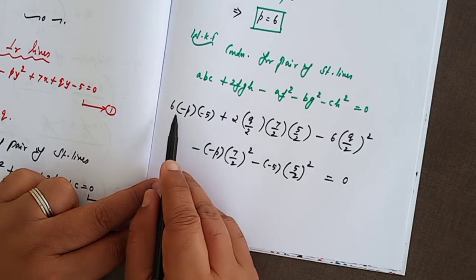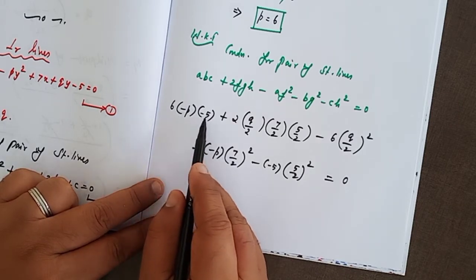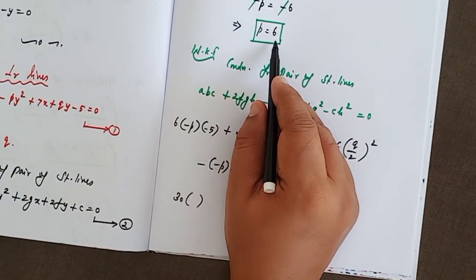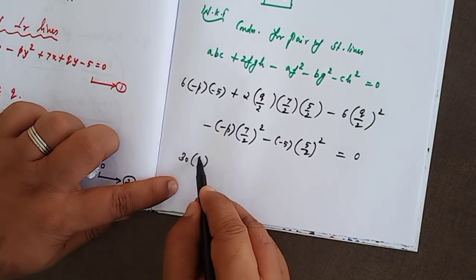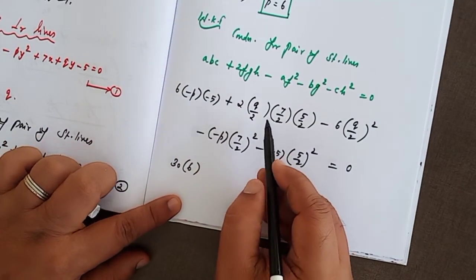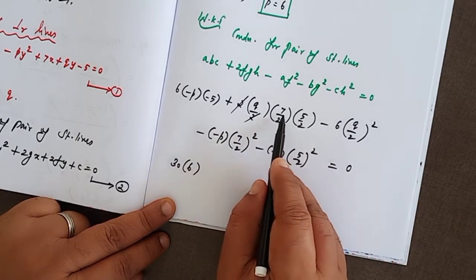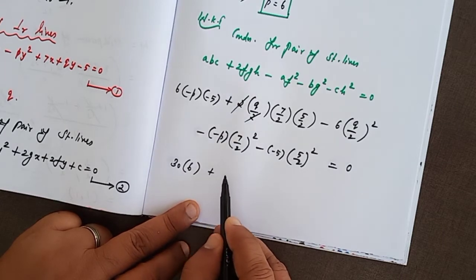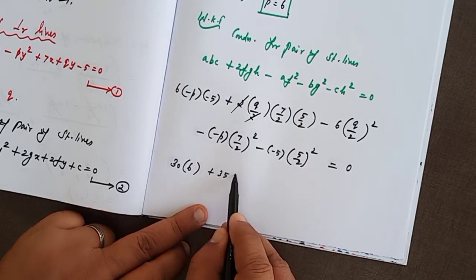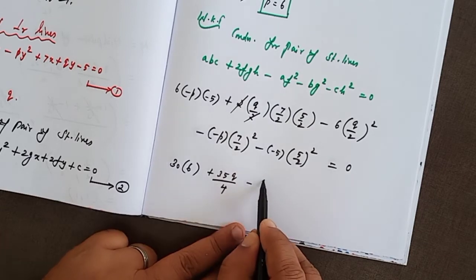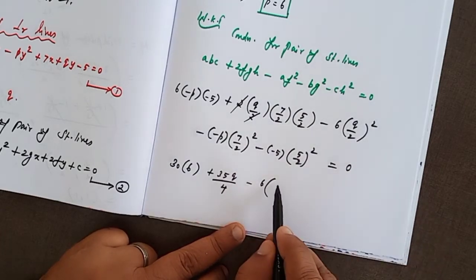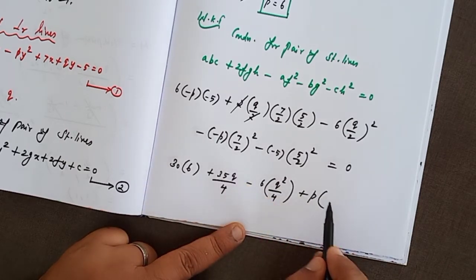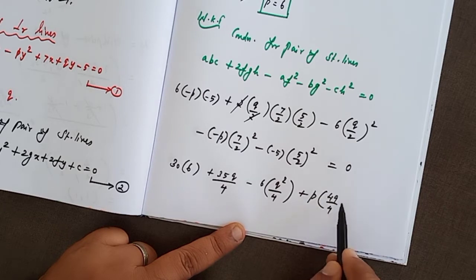Now minus into minus is plus, 5 sixes are 30, into p value, that is 6. So 30 into 6. Here the 2 gets cancelled, 7 fives are 35, so 35q divided by 4. Minus 6 into q squared divided by 4. Minus into minus is plus, p into 7 squared is 49 divided by 4.